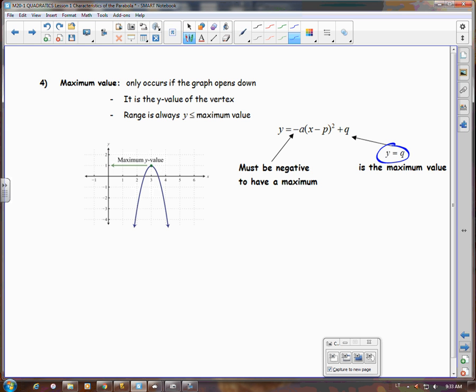If it opens up, you have a minimum point, but if it opens down, you have a maximum point. But it's the same point, whatever that q value happens to be. Here, because we've got a negative in front, that tells us that it opens downward. The a value tells us sort of how it will go, but at this point we'll leave it there.